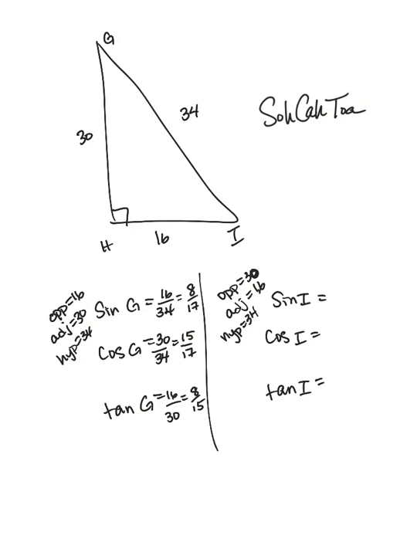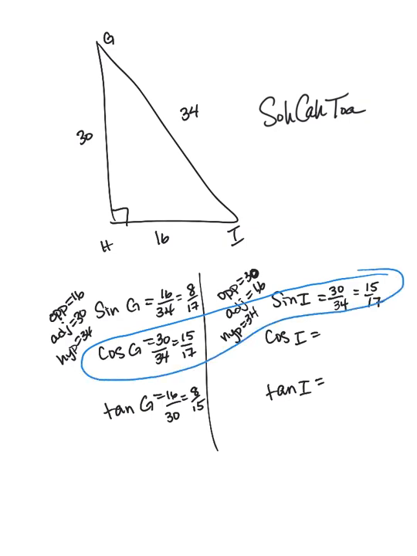Okay, so then your sine for I: your opposite is now 30, and your hypotenuse is 34, so you get 15 over 17. So notice the sine of I is the same as the cosine of G. And then the cosine of I is adjacent over hypotenuse, which is 8 over 17.